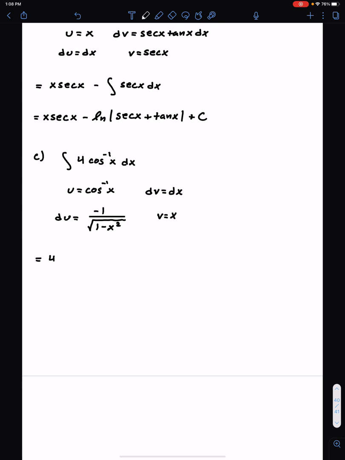So if I factor out a 4 from the integral, u times v is x arc cosine of x, minus the integral of v du. So negative x divided by the square root of 1 minus x squared dx.